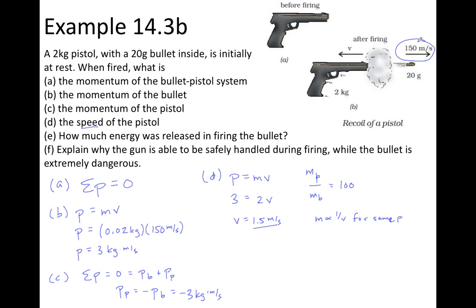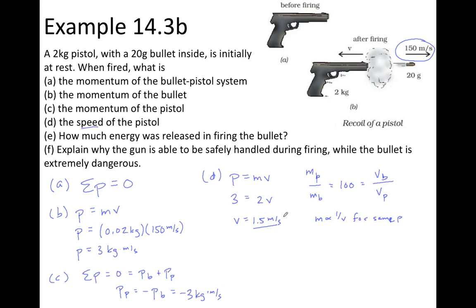Since there's a ratio of 1 to 100 in mass, there is going to be a ratio of 1 over 100 for the speeds. Speed of the bullet will be 100 times the speed of the pistol.